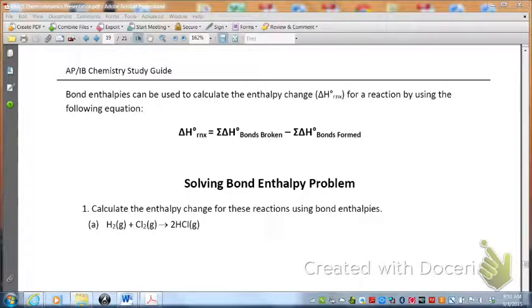Now let's remember that enthalpy change is really the change in potential energy of the system, as long as it's under the right conditions, which we've talked about. So we can use bond enthalpies to actually calculate the overall change in potential energy, or the change in enthalpy of a reaction. And that can be done by using this equation right here that I'm going to highlight.